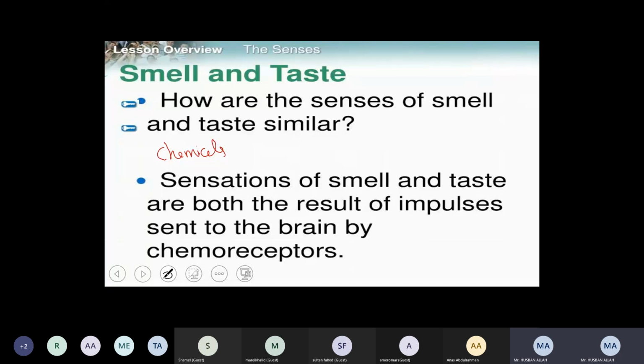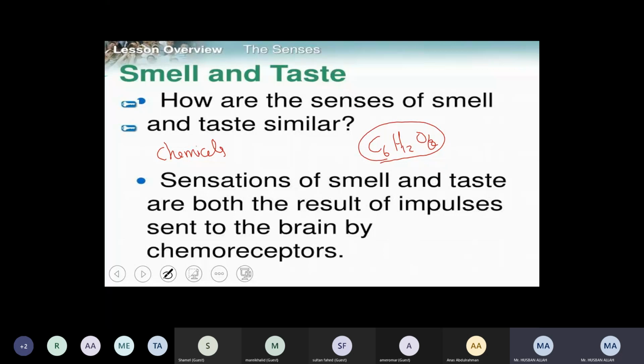It is chemicals, right? Carbohydrate, for example, glucose, C6H12O6. So we have a chemical, and this chemical is going to stimulate the chemoreceptor.